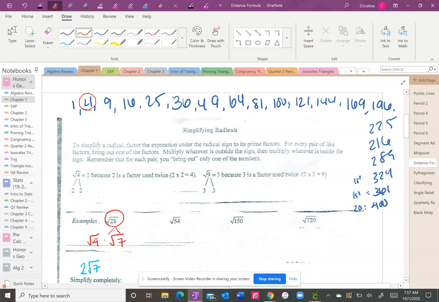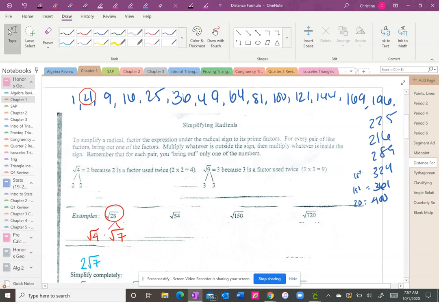I believe that most of your teachers were doing it this way last year. If you were doing the buddy system, we're not doing the buddy system. It takes too long when the numbers get very large and you wind up confused. There's a lot of buddies sometimes. So we're just going to do it this way. The square root of 4 is 2. The square root of 7 is not a perfect square, so it's just root 7. Done. That is the exact answer.